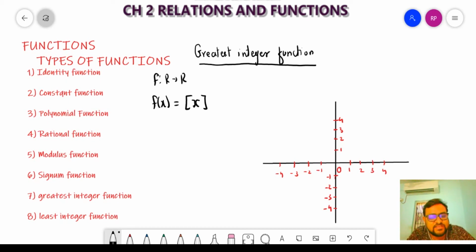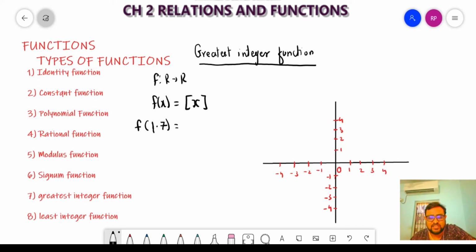That means it is the greatest integer which is not greater than that, or less than or equal to. Clear? I will give you an example: if I take f of 1.7, right? Now which is the greatest integer which is not greater than 1.7, or which is the greatest integer but less than 1.7?